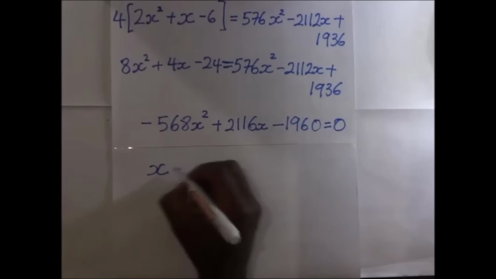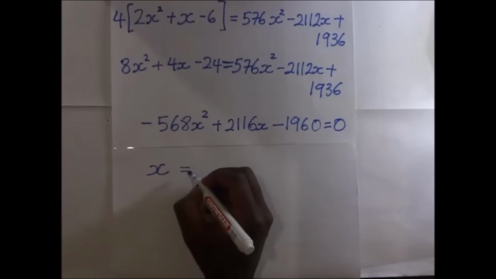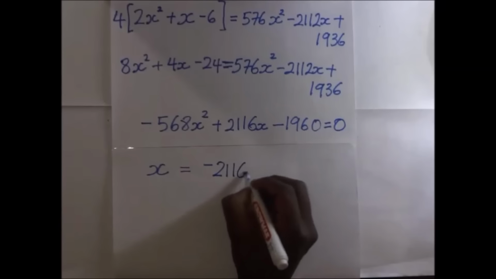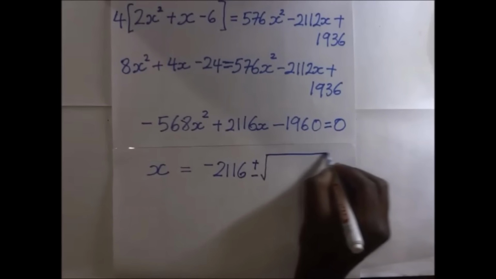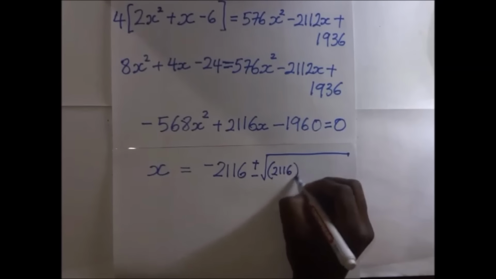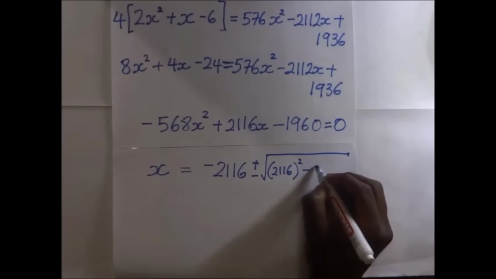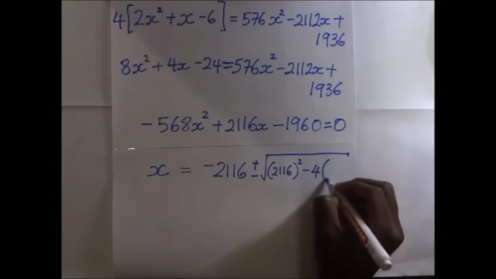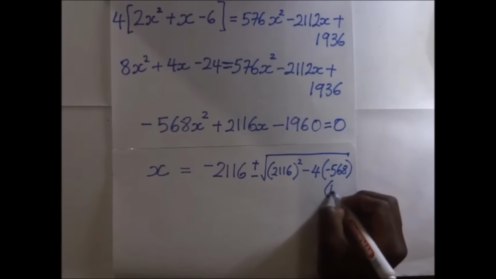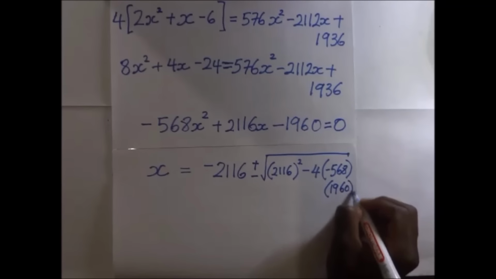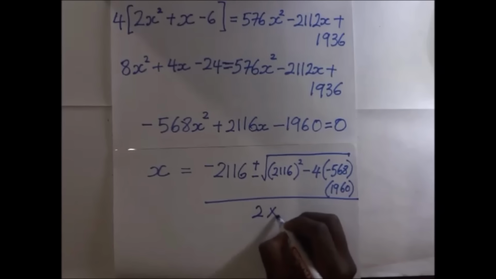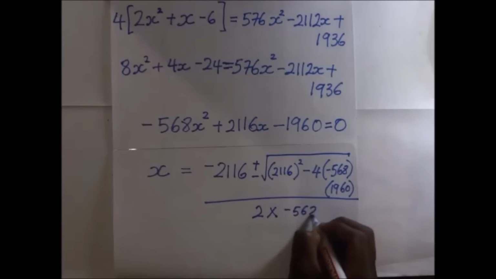So if we are to use what we call the bulldozer method, the values of x is going to be minus 2116 plus or minus the square root of 2116 squared minus 4ab, 4 times our value of a, which is minus 568, times c, which is minus 1960, divide all that by 2 multiplied by negative 568.